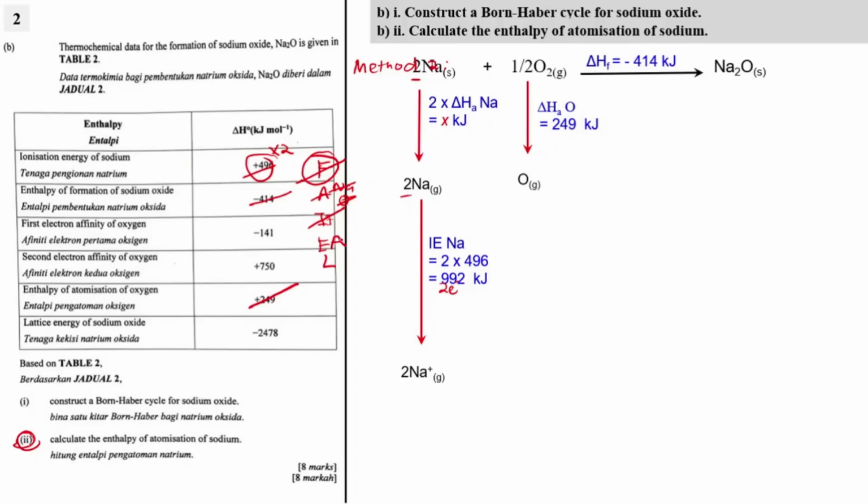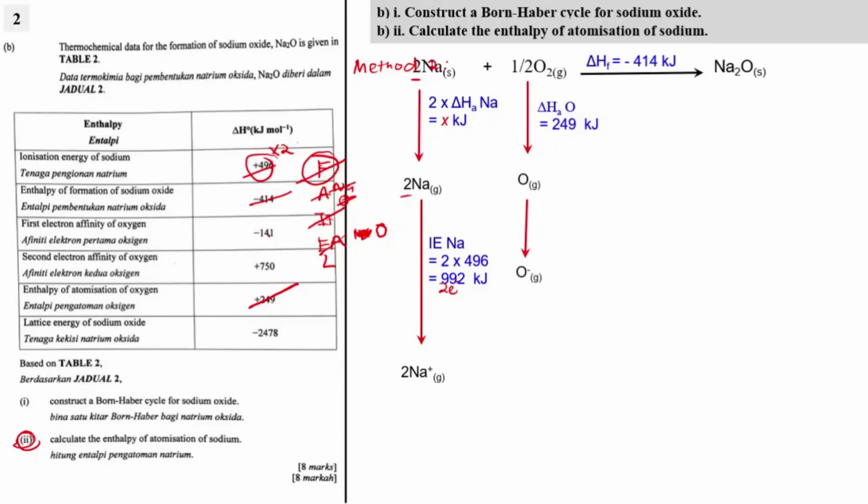Now we're going to look into the electron affinity. Electron affinity is for the non-metal, which is the oxygen. So oxygen will have 2 electron affinities. It will receive electrons one by one, where oxygen will attract 1 electron, which is the first electron affinity. So O plus 1 electron will become O minus.